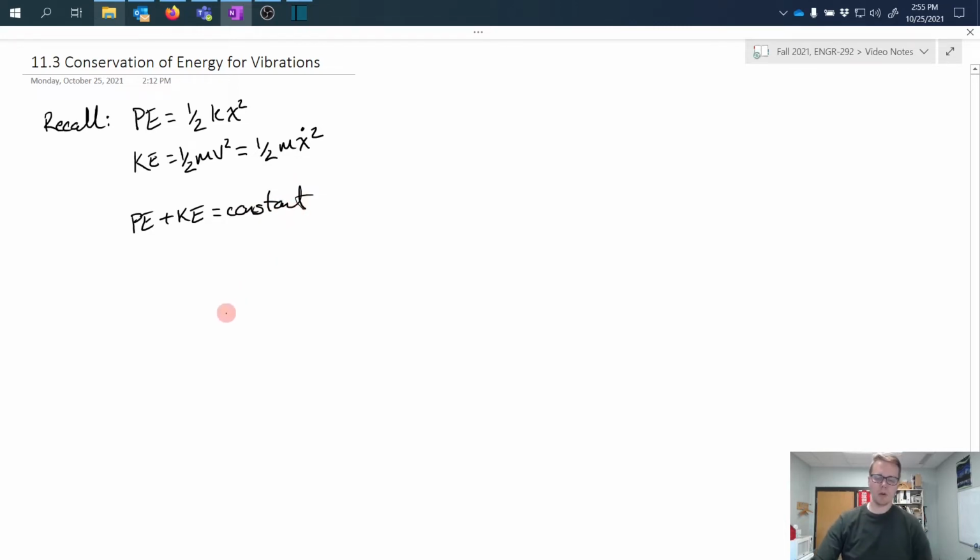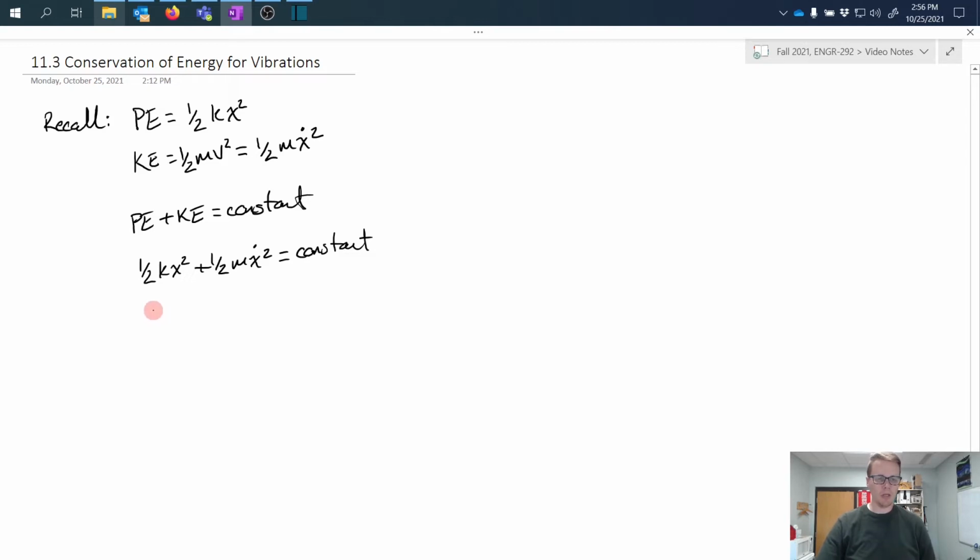Now, what's useful about this is that if I substitute in my equations, I have 1/2 kx squared plus 1/2 m x dot squared equal to a constant, and then if I divide through by 1/2 m, dividing a constant by 1/2 m just gives some different constant.